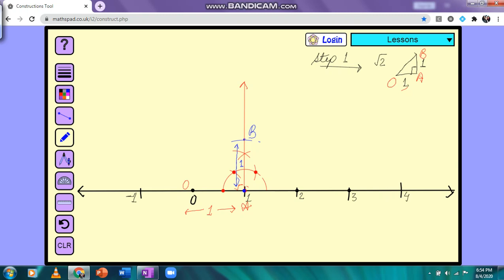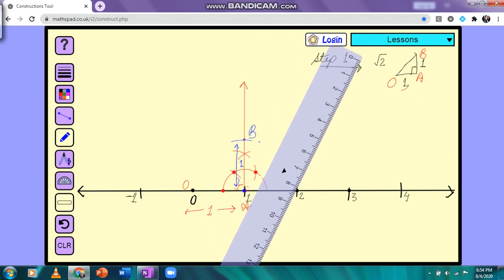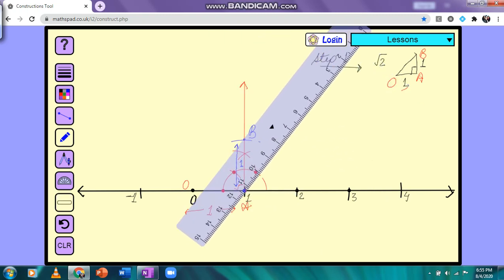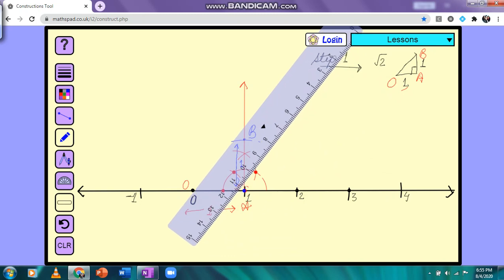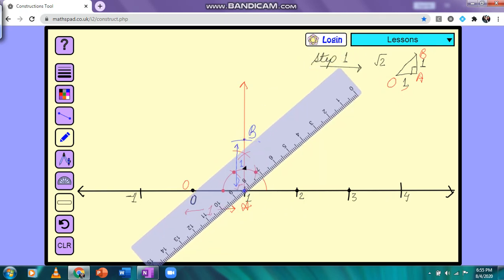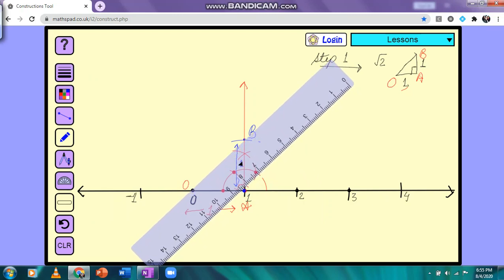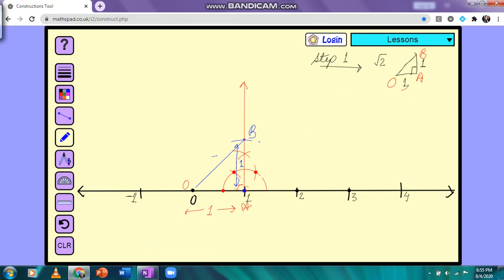So now I want to complete my triangle by joining point B with point O. So let's use the ruler for the same. Now join these two, adjusting. So we want to join point O with point B. Putting away the ruler, this hypotenuse is root 2.